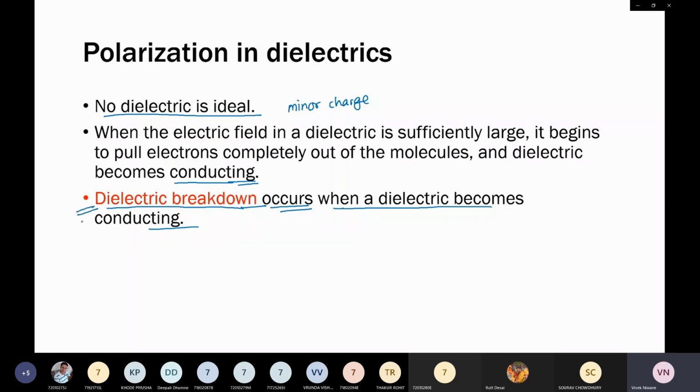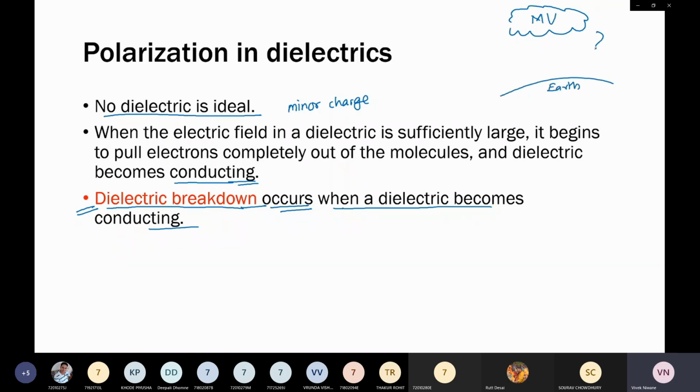And many times in real environments we have seen this phenomenon whenever the ground is struck by lightning. That is nothing but dielectric breakdown. We have some clouds, which have some sort of mega charge, and we have our earth.